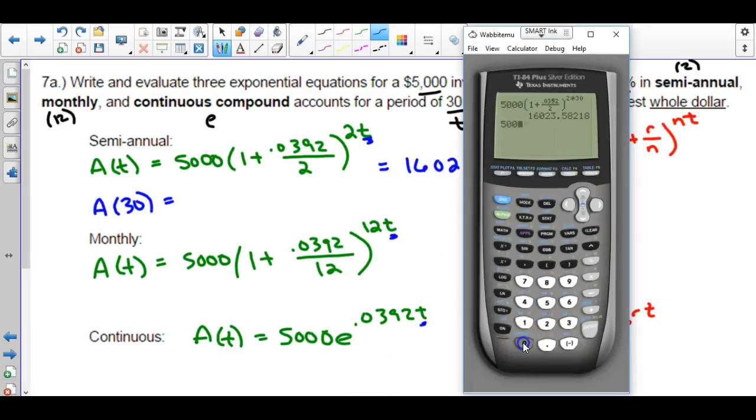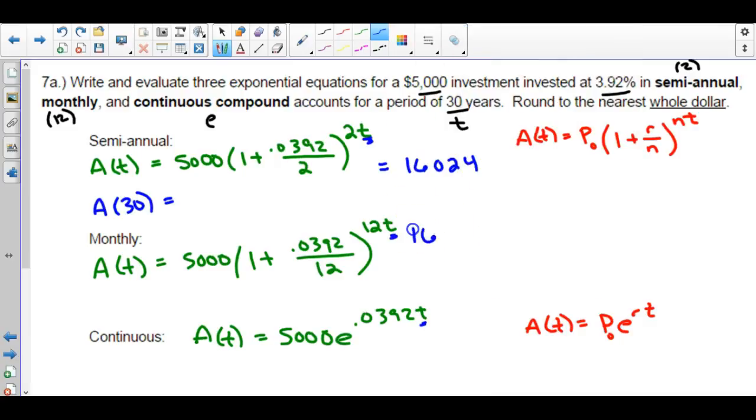So the monthly one: 5,000, parenthesis, 1 plus, alpha, y equals, there's my fraction, 0.0392. And this one was compounded monthly, so it was 12 times in a year, to the power of 12 times 30. And that one is going to come out to 16,176. So it's a little bit more.